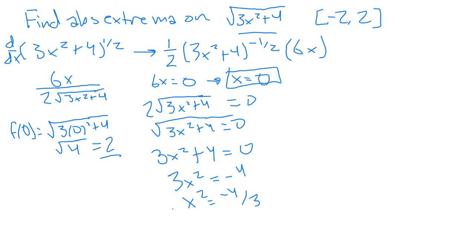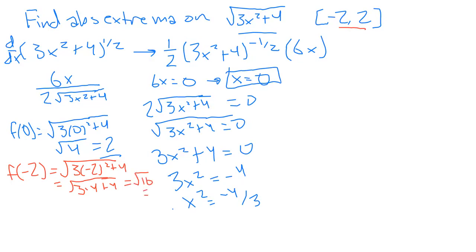The next thing we need to do is look at our endpoints. So what we're going to do first is plug in each value. We're going to get f of negative 2, which is going to be the square root of 3 times negative 2 squared plus 4. This gets us 3 times 4 plus 4, which is 12 plus 4, the square root of 16, which is 4.